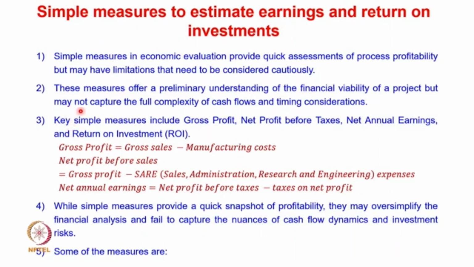So clearly such simple calculations of a project may not capture the full complexity of the cash flow and timing consideration. You can see that here, when we are calculating the gross profit based on the cost and the total revenue, it does not say anything about how the time value of the money is changing, and it has a lot of impact, primarily because this return is going to occur over the span of 10 to 15 years.